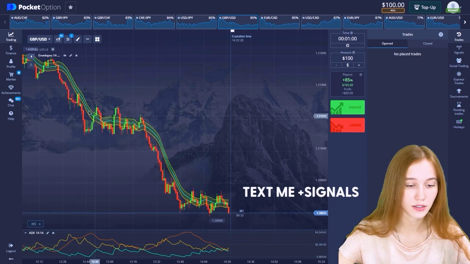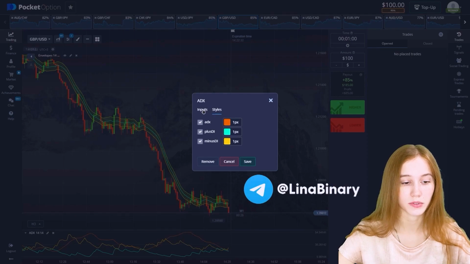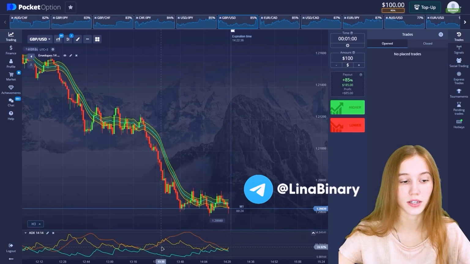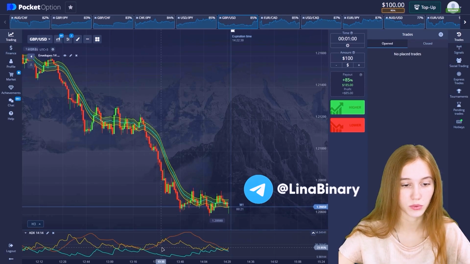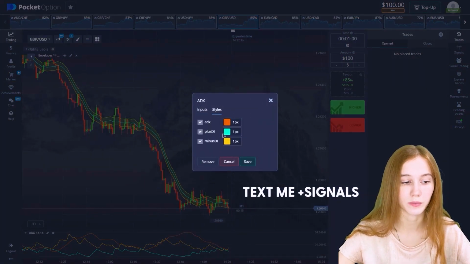Here are the settings for this indicator. ADX, let me tell you how it works. The ADX indicator shows the average distance between two components, +DI and -DI. We'll choose +DI in green and -DI in red.